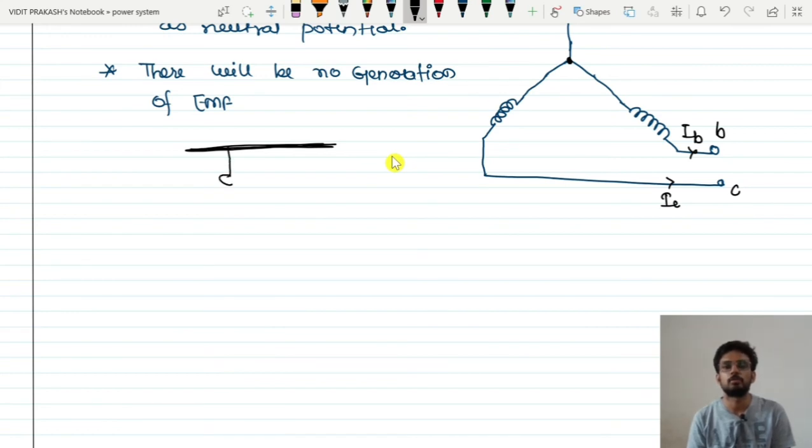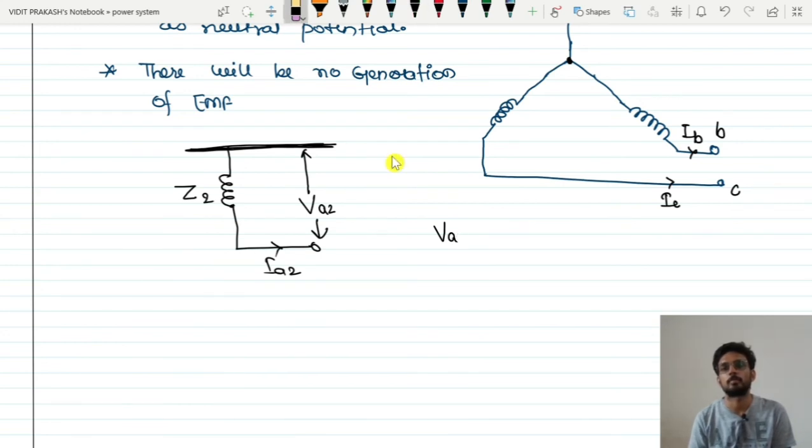There will be no EMF, and this is the negative sequence impedance, that is Z2, and this is the negative sequence current. So what will be the negative sequence voltage? VA2 will be equal to minus the negative sequence current into Z2.